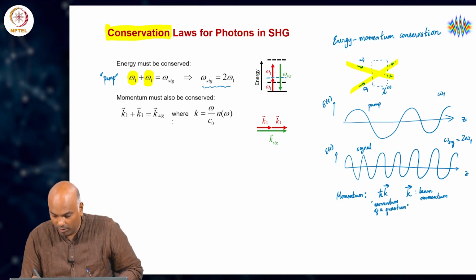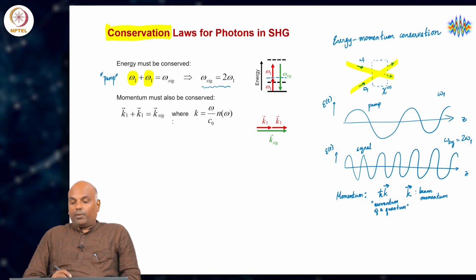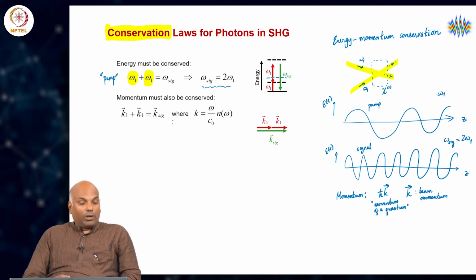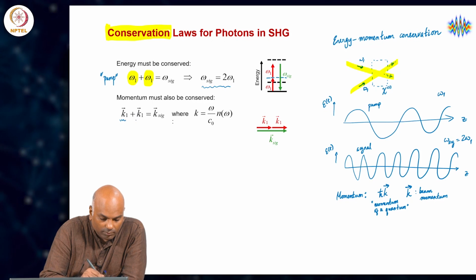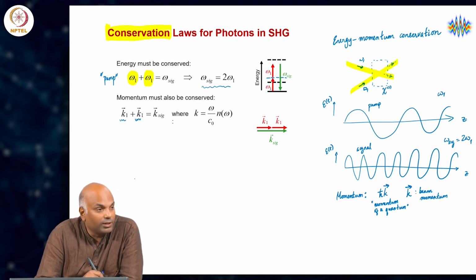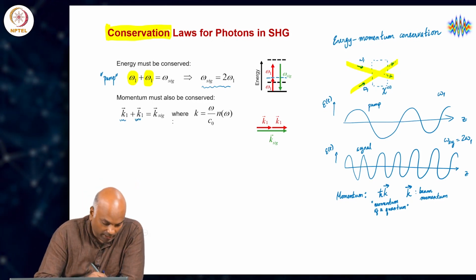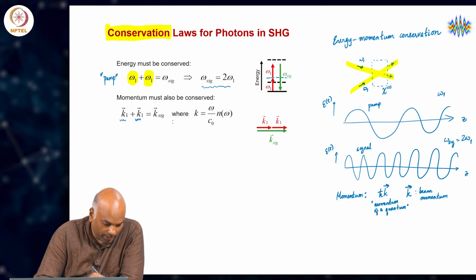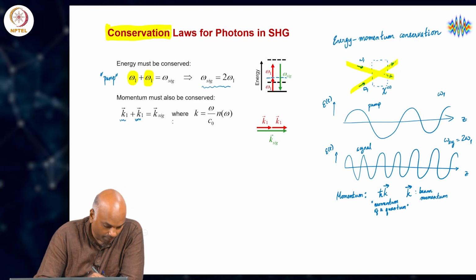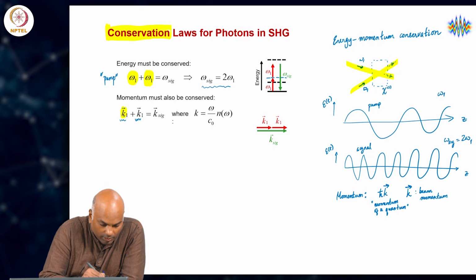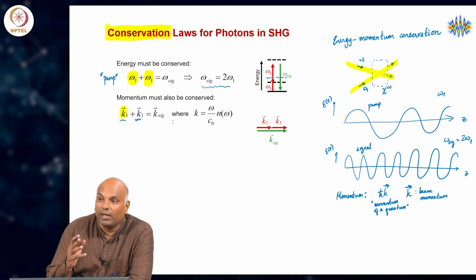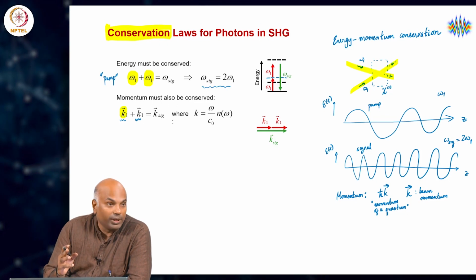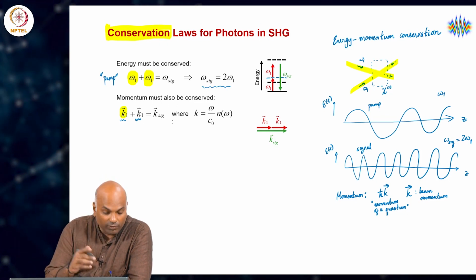Okay. So, now we add two quanta, we added them energetically correct, but in the process of doing so, we must also conserve momentum. Momentum we know has direction, k vector is the propagation direction for the beam or for the photon.